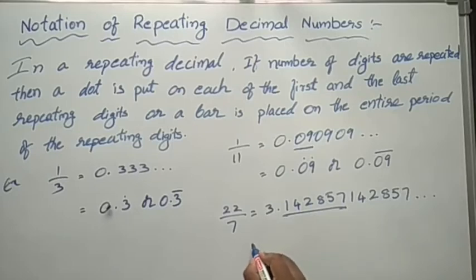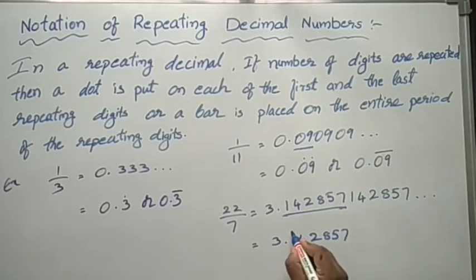So then how can I write it now? 3.142857, see, 1 with a dot and 7 with a dot means this is the starting digit and this is the last digit, or 3.142857 with the whole bar means all these digits are repeating continuously.